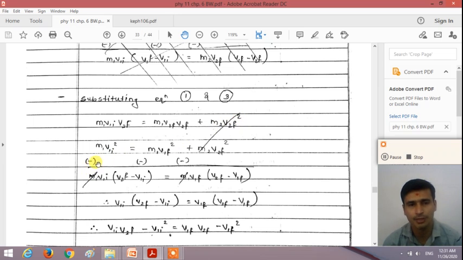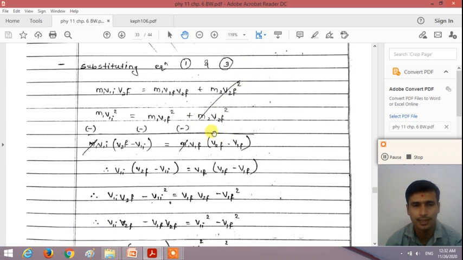And equation number 3, m1 v1i squared is equal to m1 v1f squared plus m2 v2f squared. So subtracting these two, we cancel this term, and we get m1 v1i common in these two terms, v2f minus v1f, is equal to m1 v1f common in this term, v2f minus v1f.